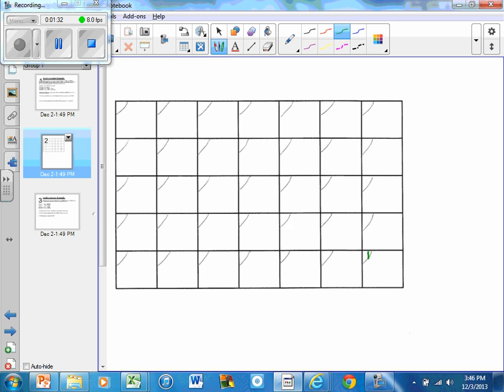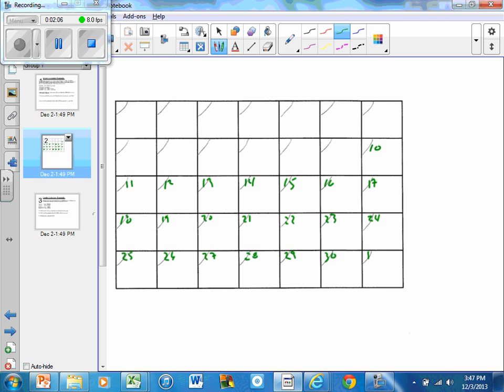Looking at the calendar, November has 30 days in it. So we're going to put the 30th there. We're going to put the 29th, and we're going to work backwards until we get to 31 days. So we're going to go for the entire month of November and keep putting our numbers in.